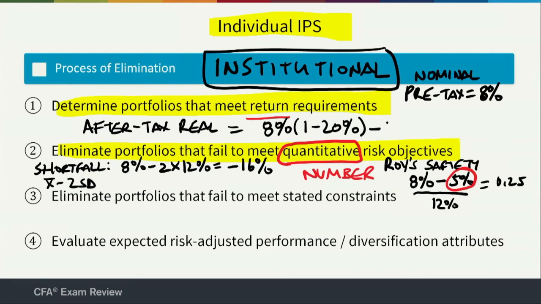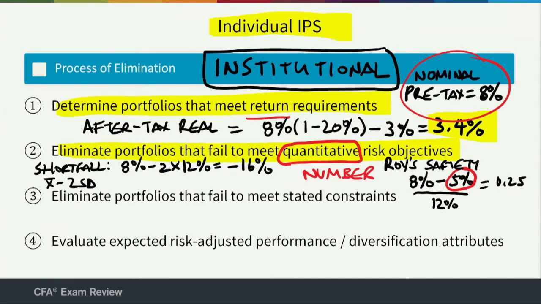And let's say that the inflation rate is equal to 3%. So the after-tax real rate of return that the client is hoping to achieve now is 3.4%. So just be clear on the exam. They will tell you exactly what they're looking for, what the client's objective is going to be. It's not always going to be this nominal rate of return that I've just discussed.